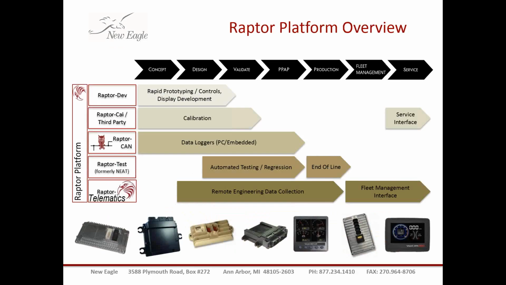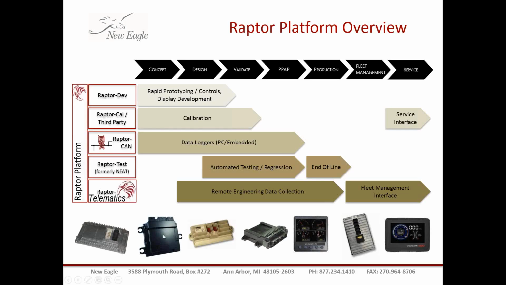These are the tools that are used during the development of a system. We start with rapid prototyping and controls development and displays, and that's Raptor Dev. Most of our systems today are comprised of what we call Raptor modules and also Modohawk modules. So we use Modohawk for the development of controls.